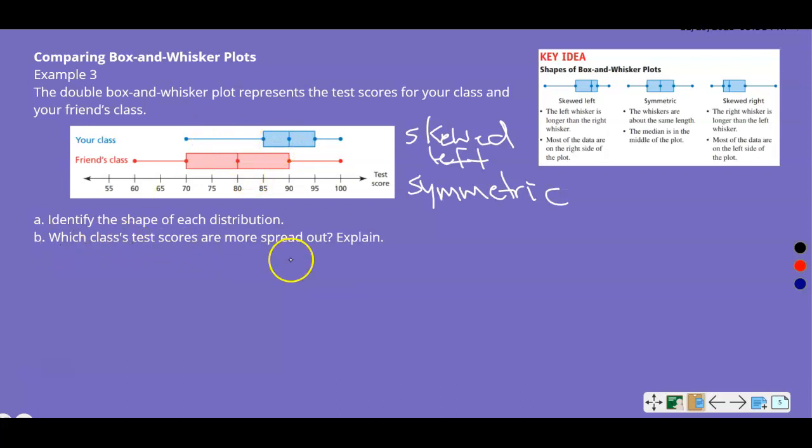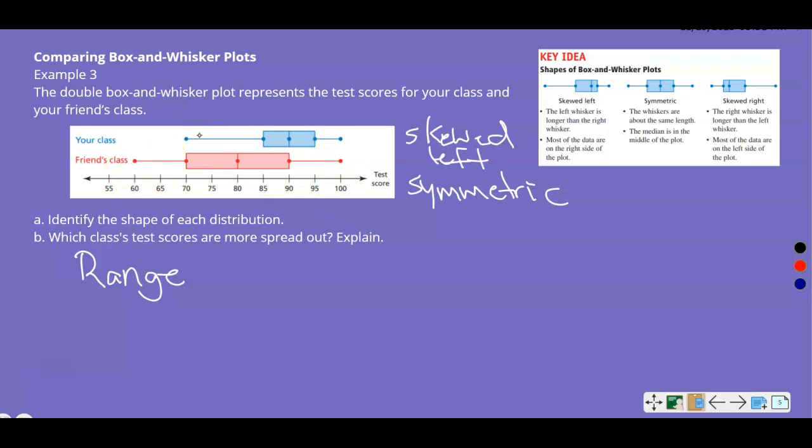All right, so it says which class test scores are more spread out. So what tells you if something is spread out? We can either think about the range or the interquartile range. If we look at the range first, the range is your highest number minus your lowest number. You can see that both classes are 100, but they have a different lower score.